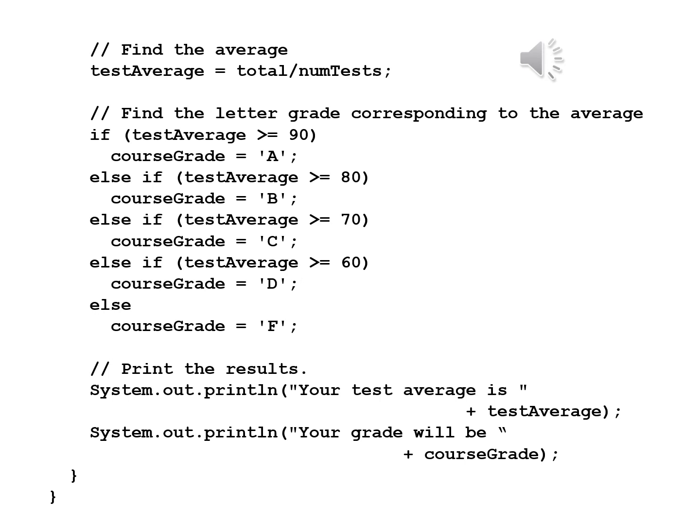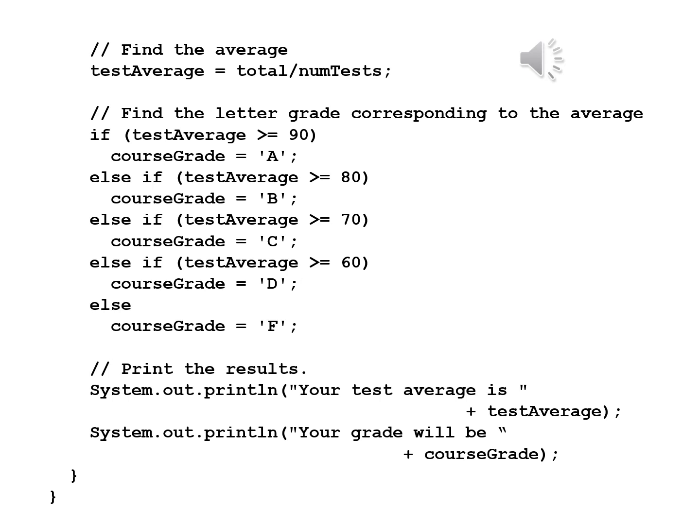If testAverage is greater than or equal to 90, courseGrade = A. Else if testAverage is greater than or equal to 80, courseGrade = B. Else if testAverage is greater than or equal to 70, courseGrade = C. Else if testAverage is greater than or equal to 60, courseGrade = D. Else courseGrade = F.